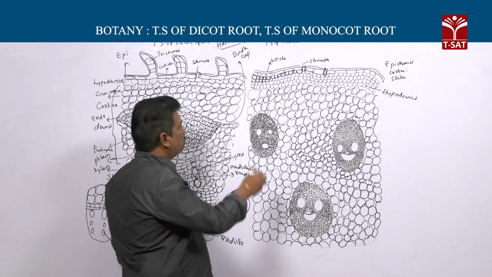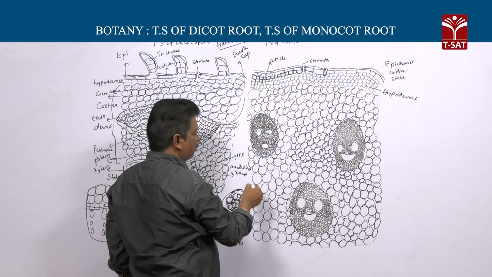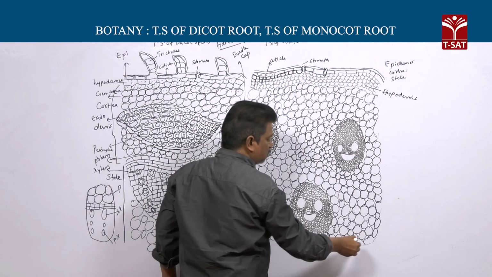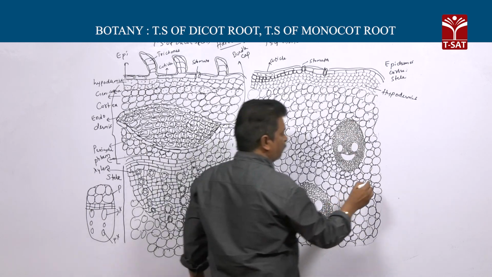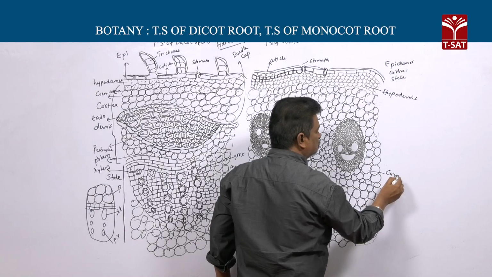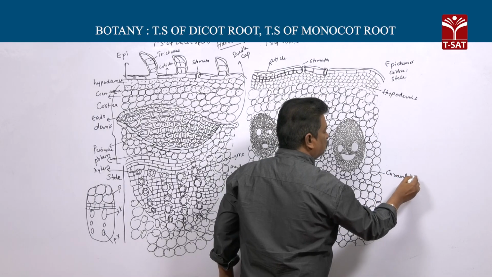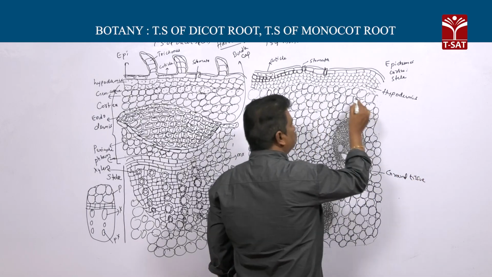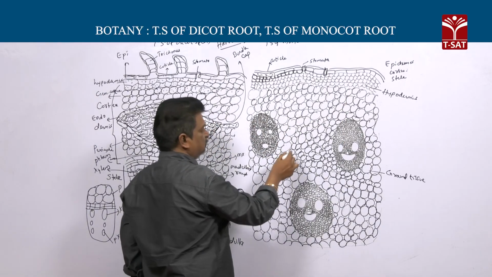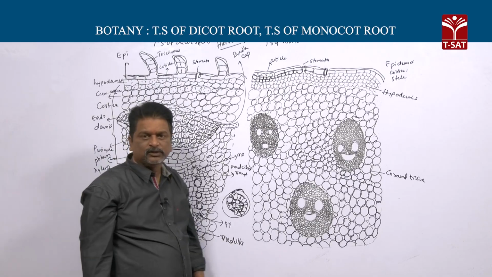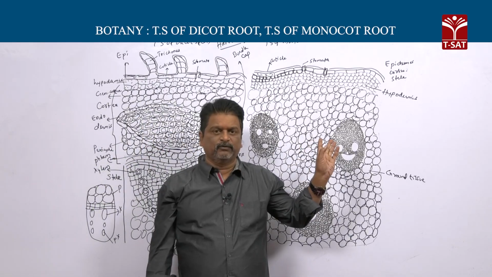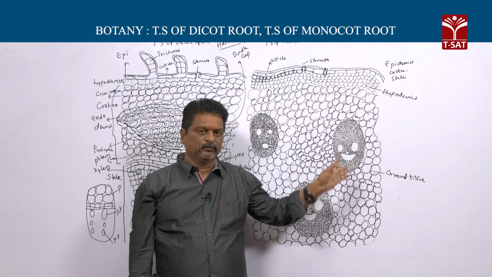Then, bulk portion of monocot stem is that a ground tissue. This ground tissue is made up of parenchymatous cells.